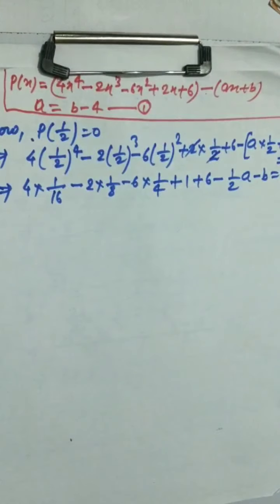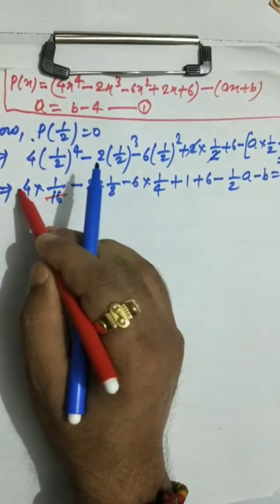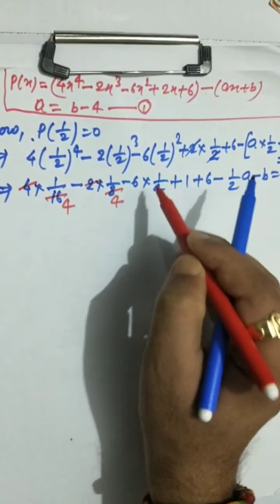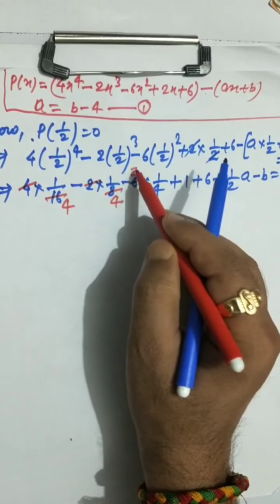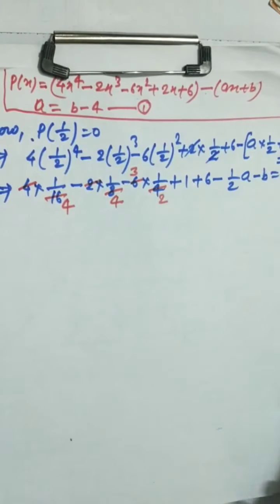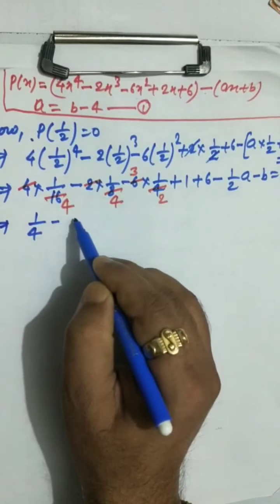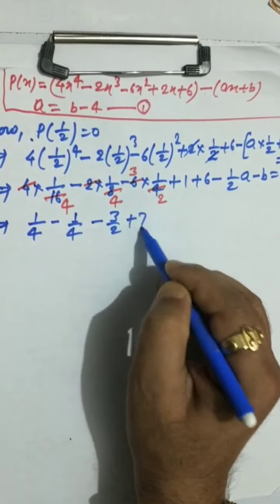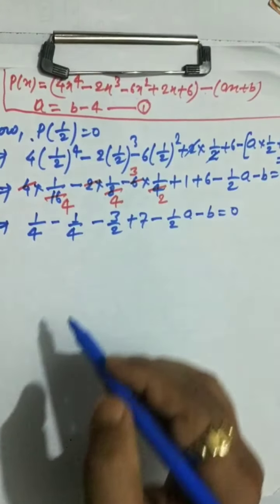Now you can cancel this 16 by 4 in 4 times. This 8 can be cancelled by 2 in 4 times, and this can be cancelled by 3, 2 times 3 is 6 and 2 2 is 4. Then we have 1/4 minus 1/4 minus 3/2 plus 7 minus 1/2 a minus b is equal to 0.